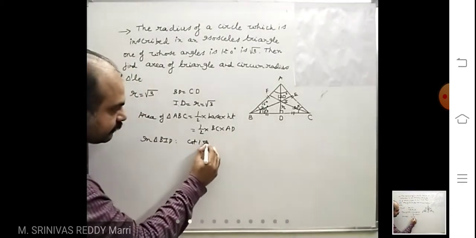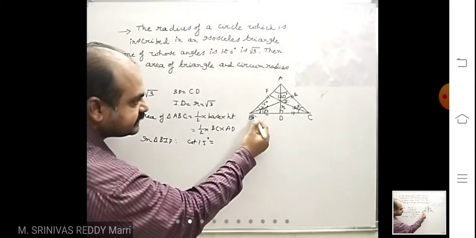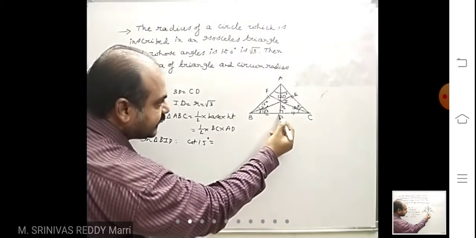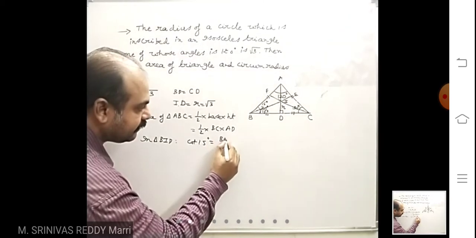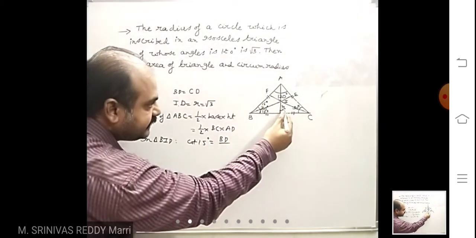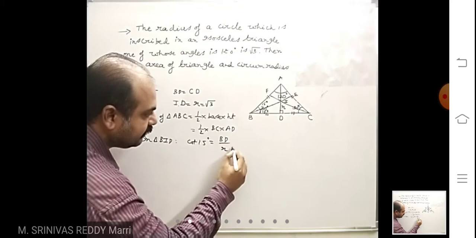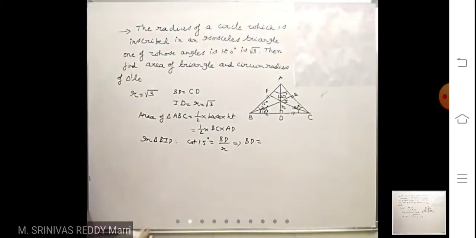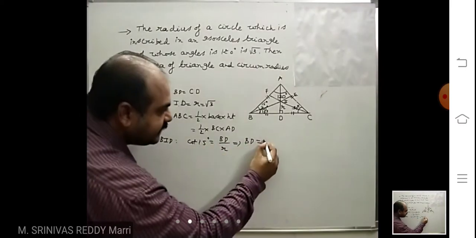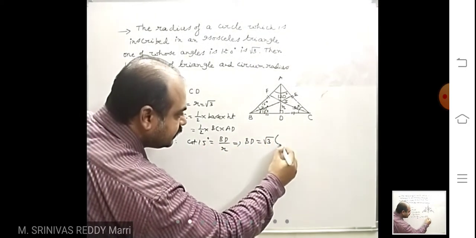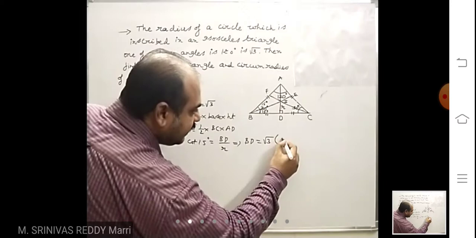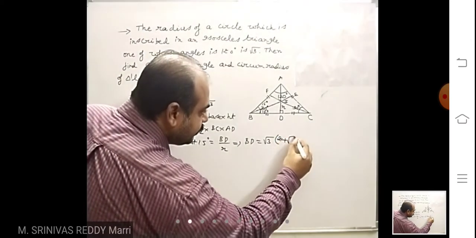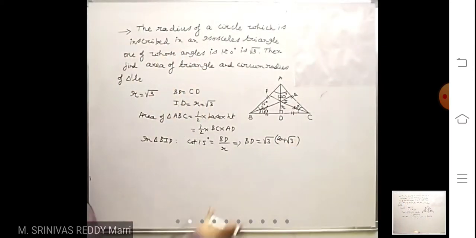I am writing cot 15 degrees is nothing but the adjacent side BD divided by the inradius R. That implies BD equals R, which is root 3 given, into cot 15, whose value is well known: 2 plus root 3.